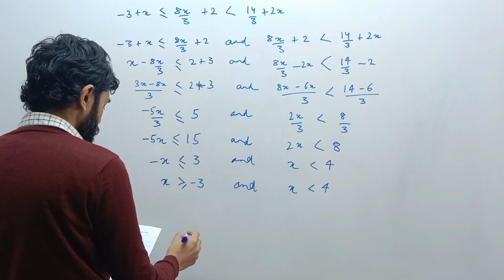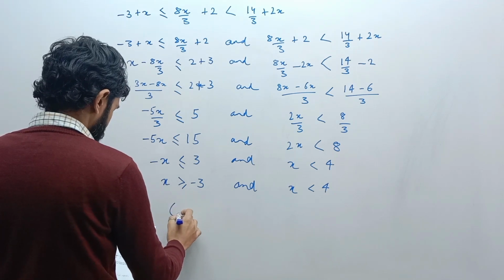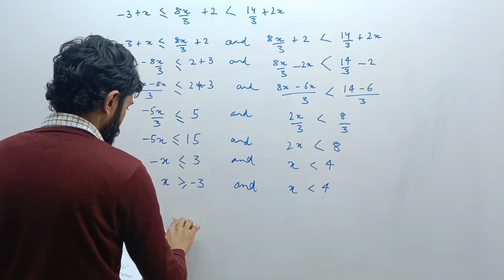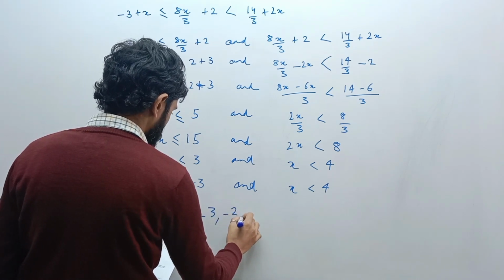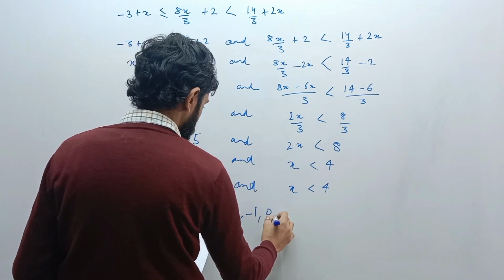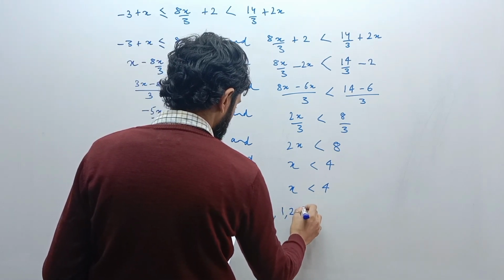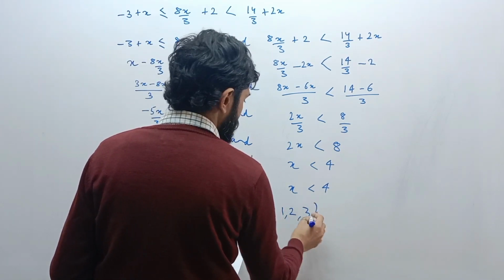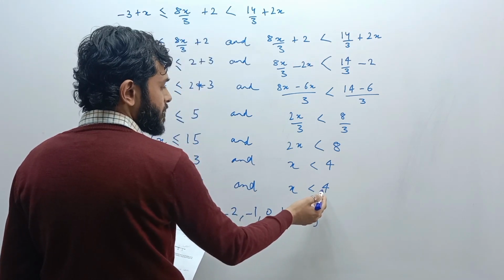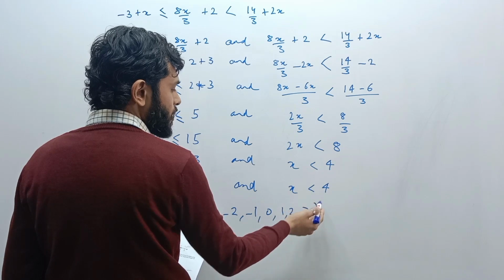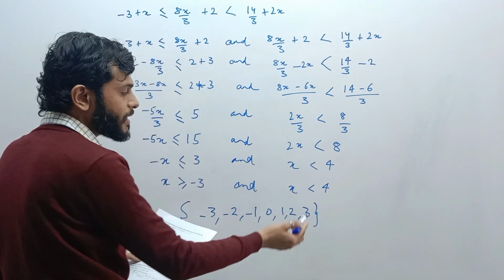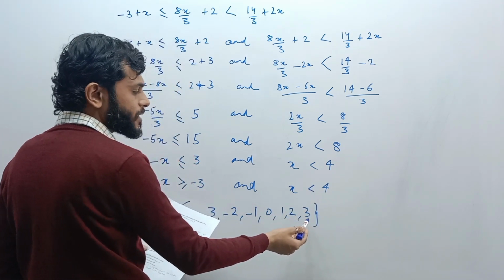So the solution set becomes minus 3, minus 2, minus 1, 0, 1, 2 and 3, because x is less than 4. If it had been less than or equal to 4, then you would have included 4, but here it is only less than 4, so you have to include values till 3.